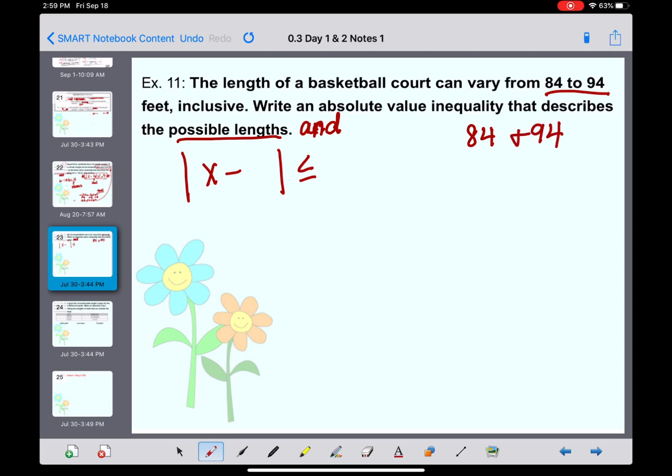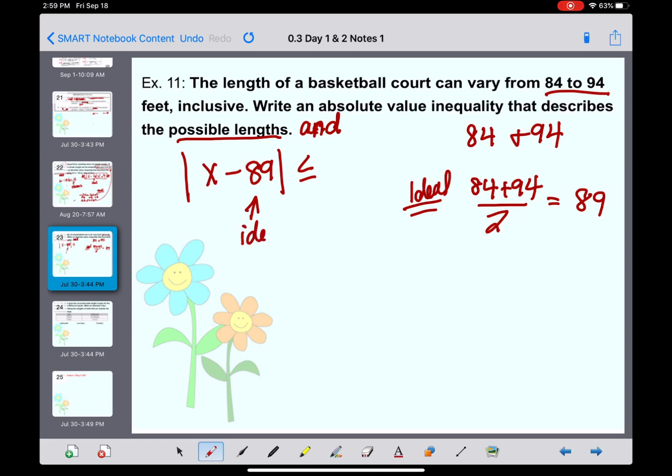So that's what's okay. So I need to figure out what the middle of that is, the ideal. So that's the average. So 84 plus 94 divided by 2. This is my ideal. That's what I'm looking for here. And when I divide by 2, I'm going to get 89. So my ideal, my center, goes right there. Okay.